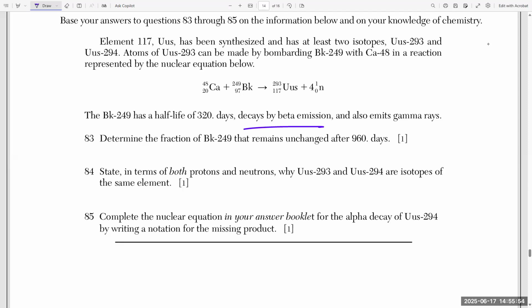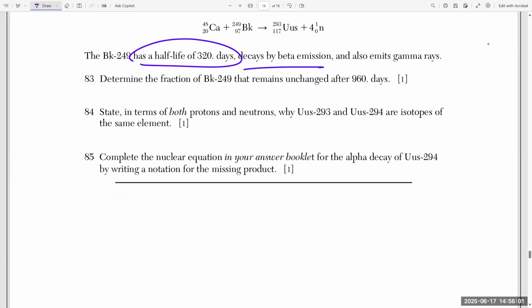So we want to know how many half-life events 960 days is. And we know it's 320 days per one half-life. It's not asking for the numerical setup, so we have to calculate it. So let's just do it here.